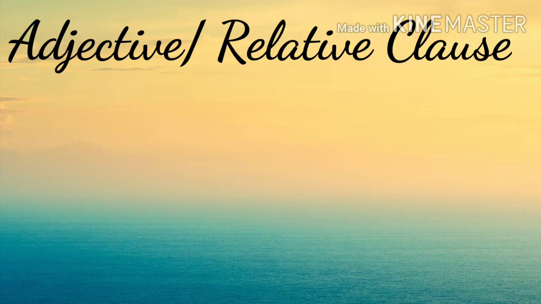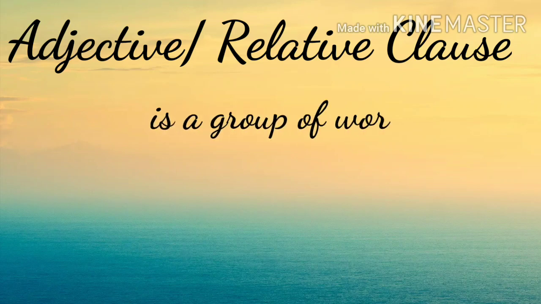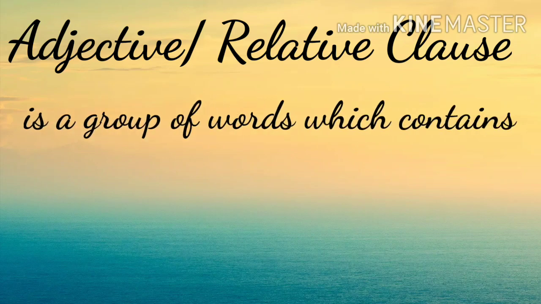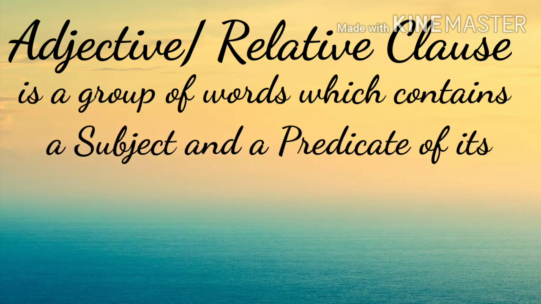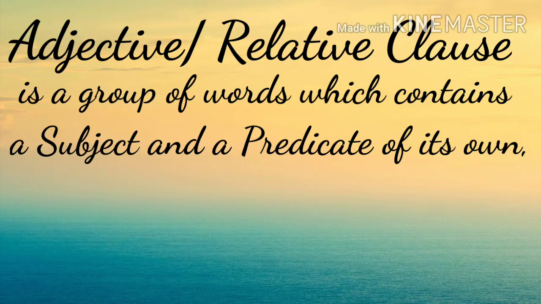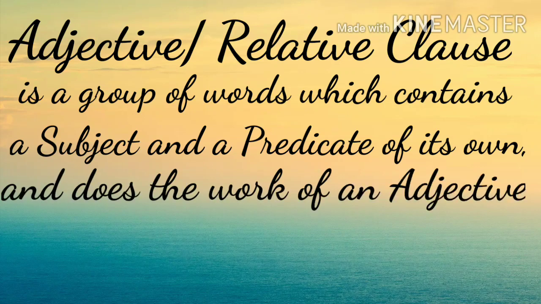So an adjective or relative clause is a group of words which contains a subject and a predicate of its own. Alright, so like any other clause, your adjective clause also has a subject and a predicate which includes the verb. Alright, and the adjective clause does the work of an adjective. Okay, what does an adjective do?